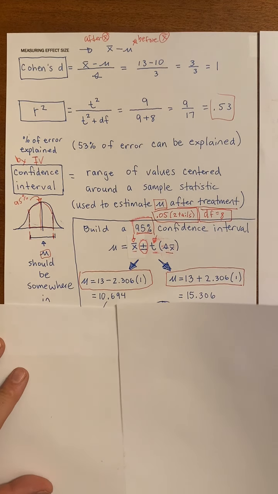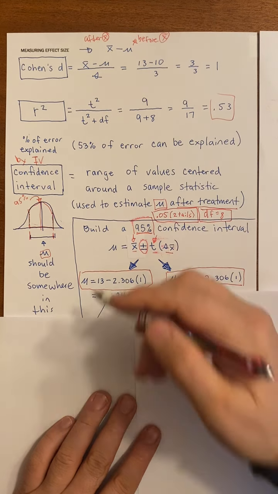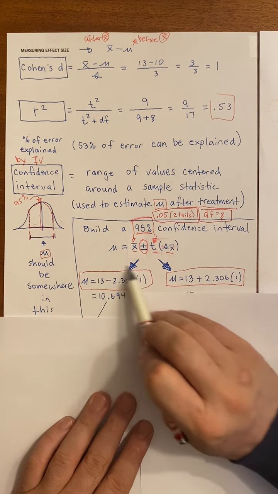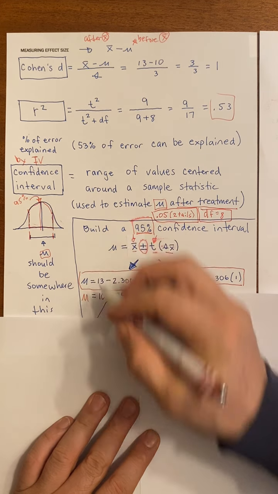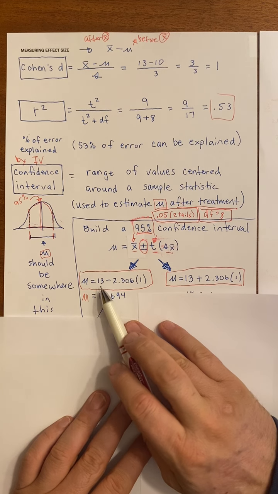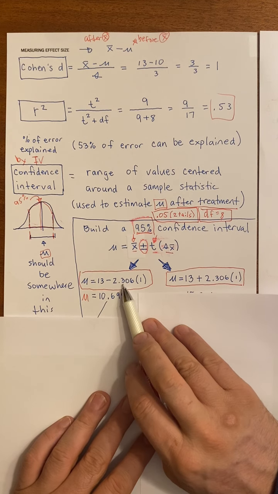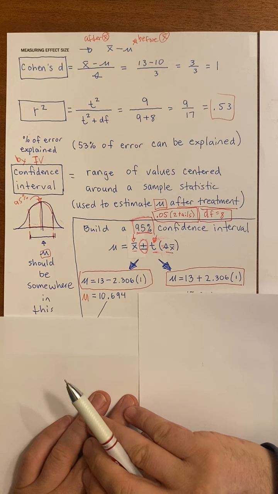So just to start with, the mu that I end up getting from this form of the equation is going to equal 10.694. How did I get that? Well, it was 13, the sample mean, minus the t that we found times that standard error.